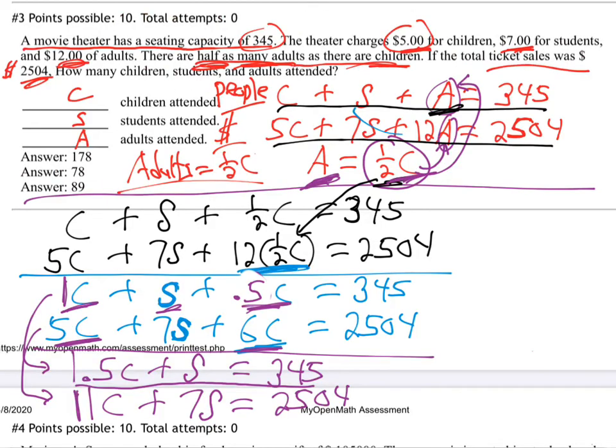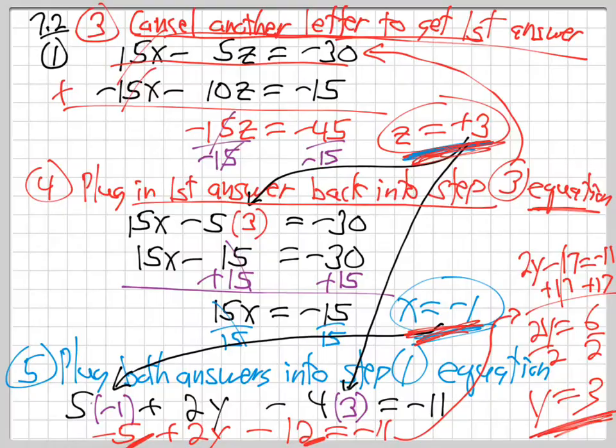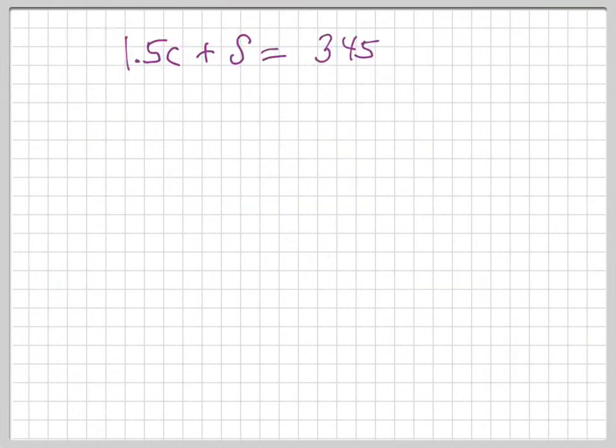And then back here, second one is 11C plus 7S is 2504, I believe was the number. All right, so now, and this is problem number 3 we're still working on. So now, how do we finish solving this thing?